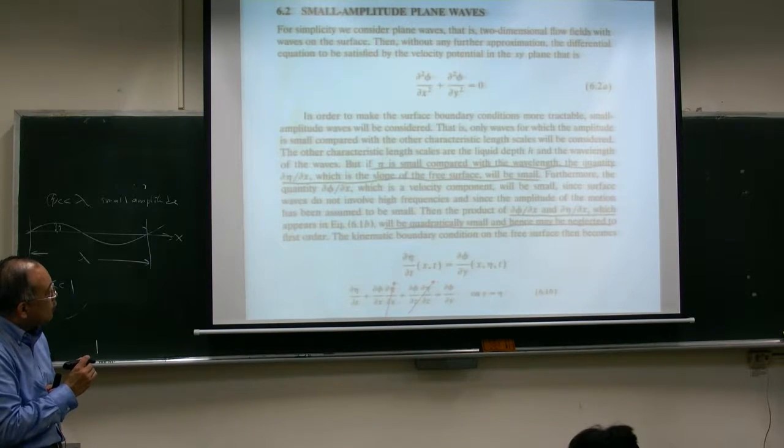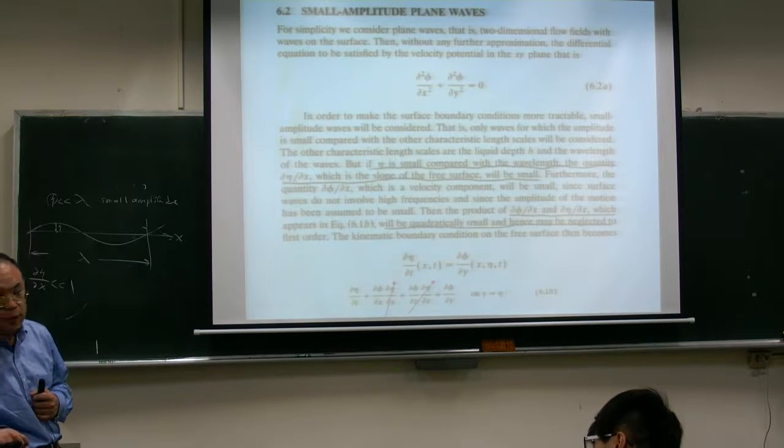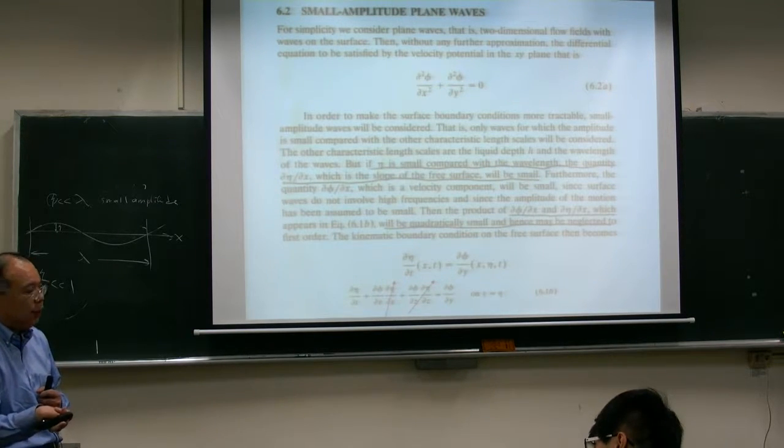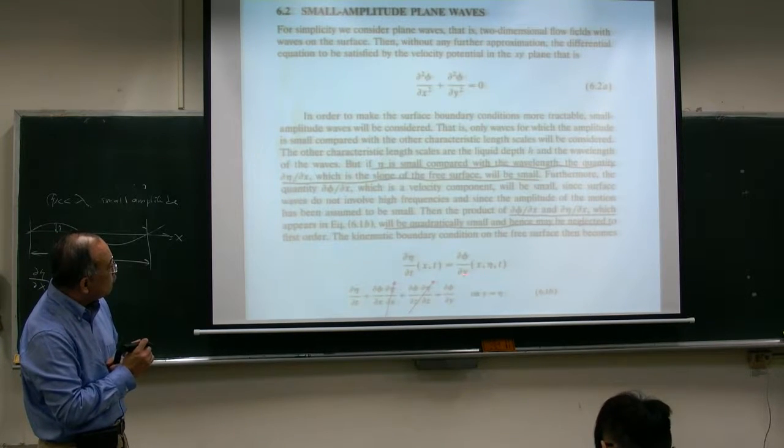As you can see, here is also the problem: y equal to eta. We don't know where eta is for this physical problem right now. So since eta is very small, we can simplify this equation.